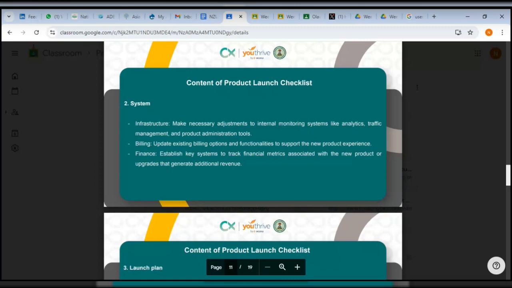You have to deal with the billing: update existing billing options and functionalities to support the new product experience. For finance, establish key systems to track financial metrics associated with the new product, or updates that generate additional revenue. So you have to worry about the infrastructure of your products, things like administration tools.